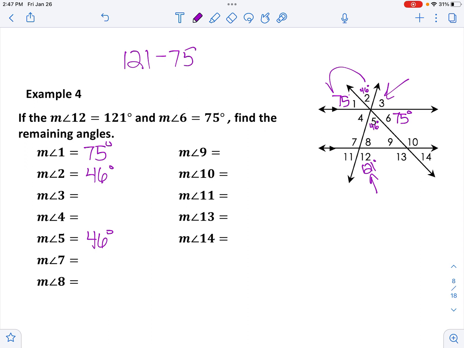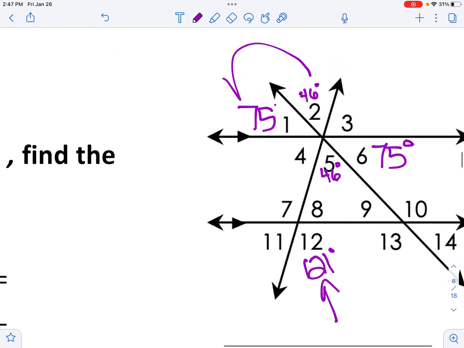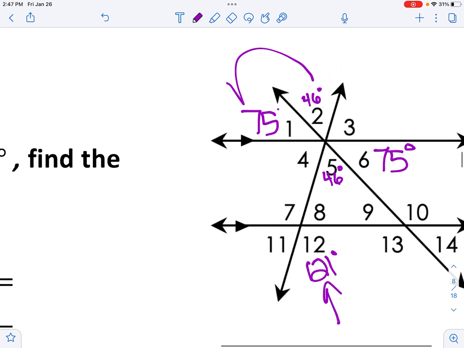If I go 180 minus 121, that gives me 59. So this angle 3 is 59 degrees. And again, that's because 1, 2, and 3 should add up to 180. So this is 59 degrees.